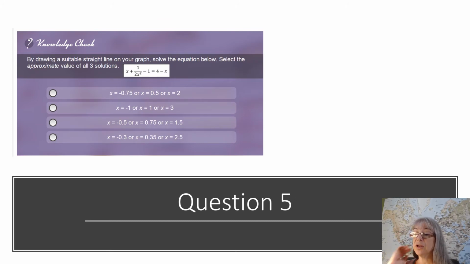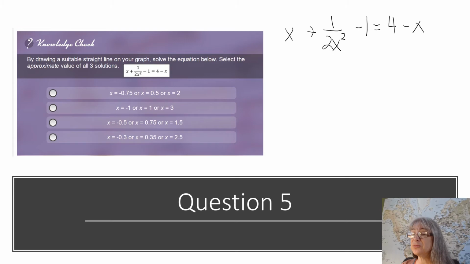So here's another one, question 5. By drawing a suitable straight line on your graph, solve the equation below and select the approximate values of all 3 solutions. So again, we have x plus 1/2 squared minus 1 equals 4 minus x.